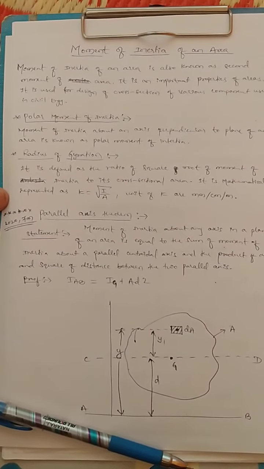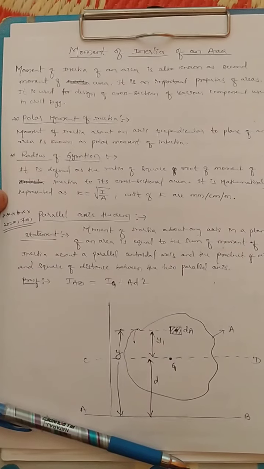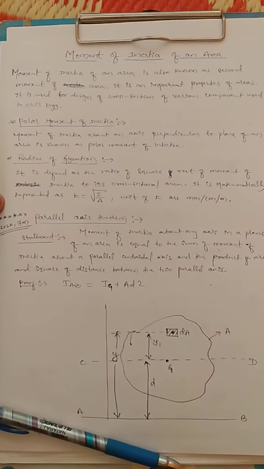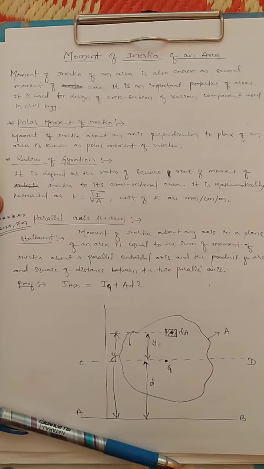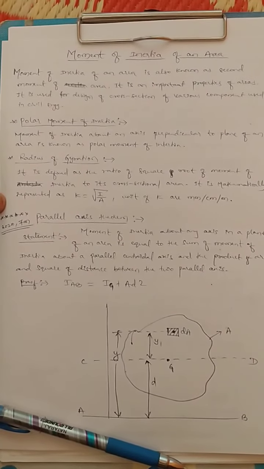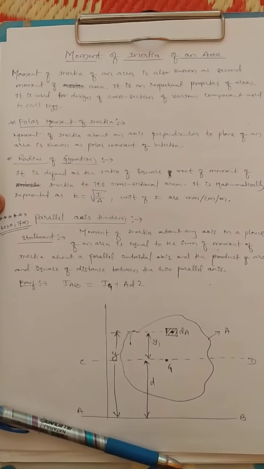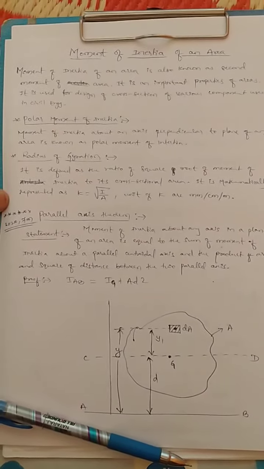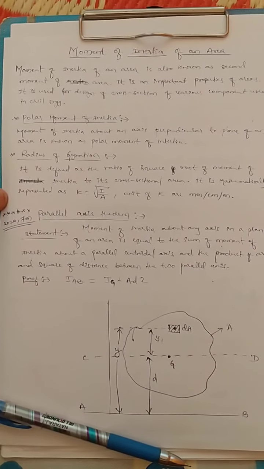Here there is certain terminology we should know to proceed ahead. Sometimes in the examination, it is also asked to calculate polar moment of inertia and radius of gyration. So, before we move on, let us know what is polar moment of inertia.